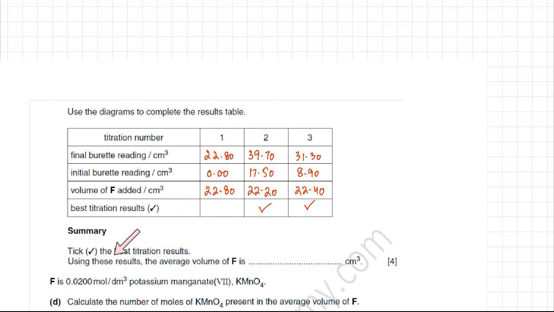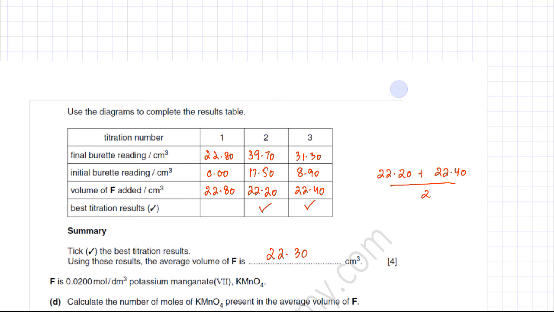And in the last part, using these results, we need to find the average volume of F that's being used. The average volume of F is going to be the average of our best titrations. So it's going to be the average of 22.20 and 22.40, and I'm going to divide that by 2, and the answer that I'm going to get is 22.30 cm³.